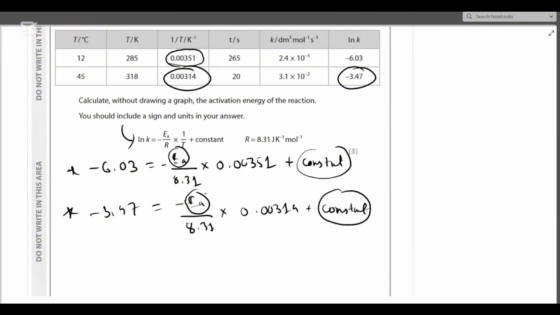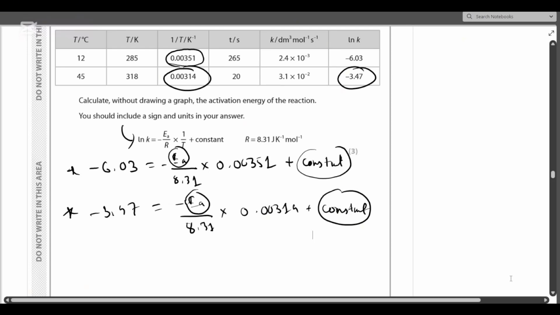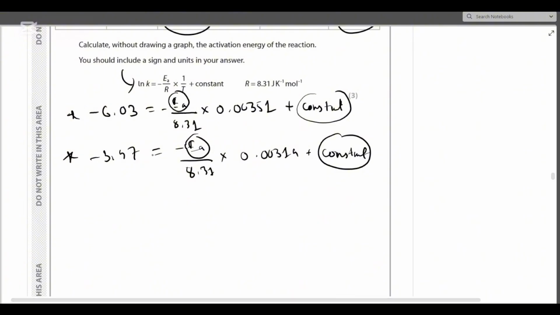We can now solve simultaneously to get the Ea value. If we subtract equation 1 from equation 2, we get something like negative 2.56, which is equal to negative Ea.